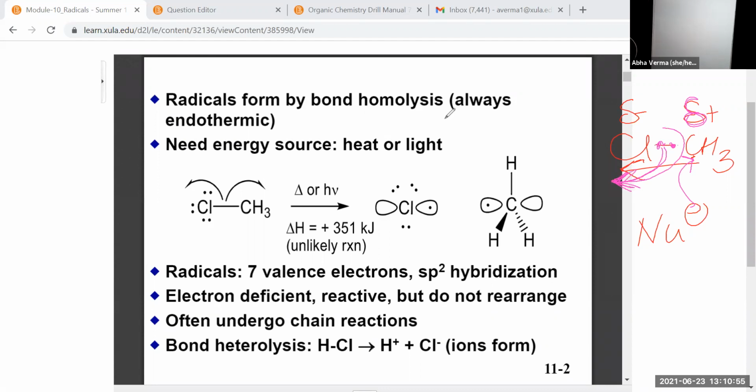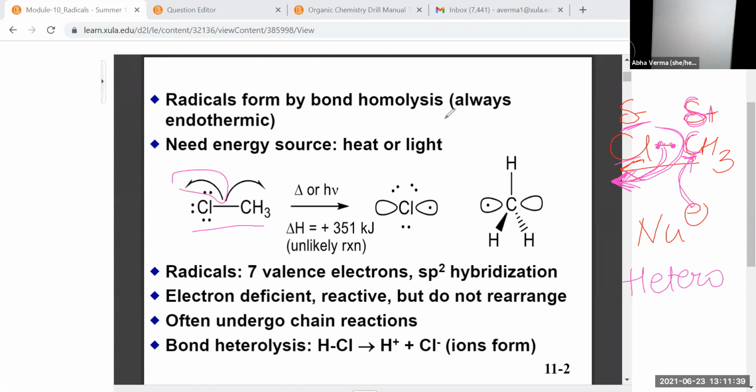Remember, whenever a bond forms between any two atoms, there are two electrons in the bond, right? So these two electrons are taken away by the electronegative, partially negative atom, leaving this carbon electron poor, where the nucleophile can attack later on. This is known as heterolytic cleavage.